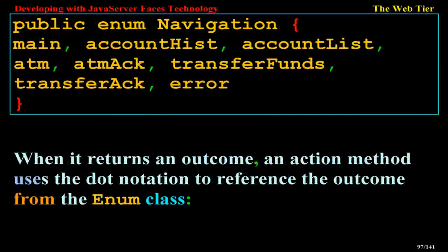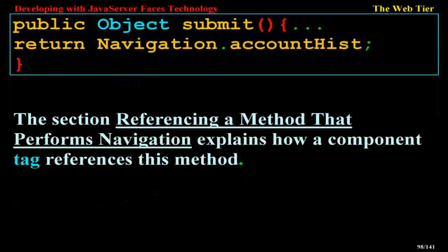When it returns an outcome, an action method uses the dot notation to reference the outcome from the enum class. Public Object submit, return Navigation.accountHist.